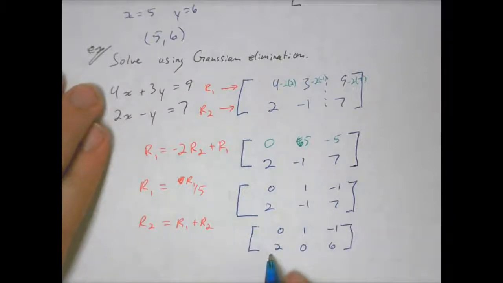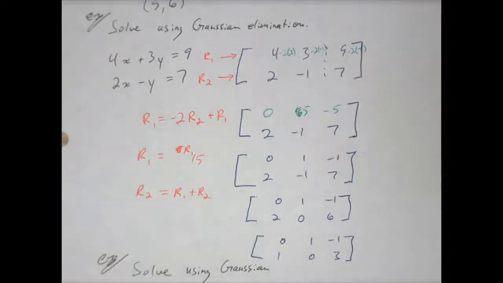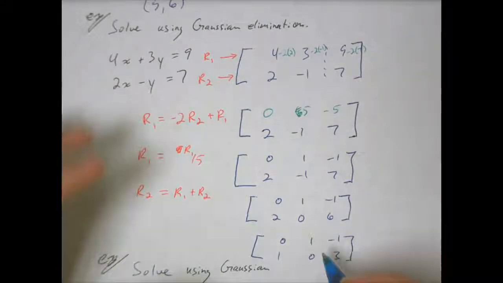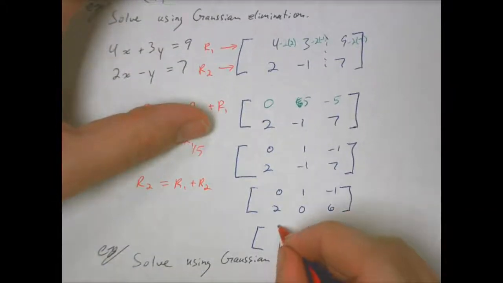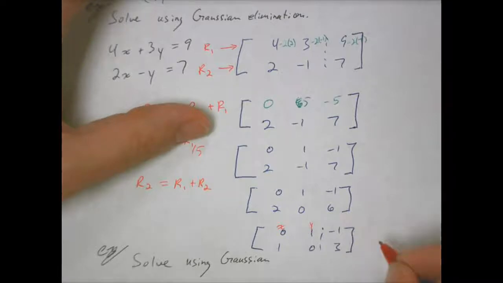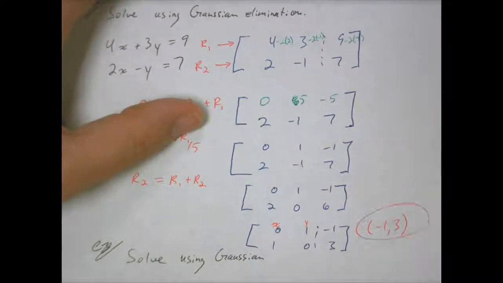So now I can divide this row by 2. So I am left with 0, 1, -1, 1, 0, 3. It's a way of using elimination, but you're using matrices to help you get there faster. This is your x column, this is your y column. So this would be the point -1, 3. That would be our solution.